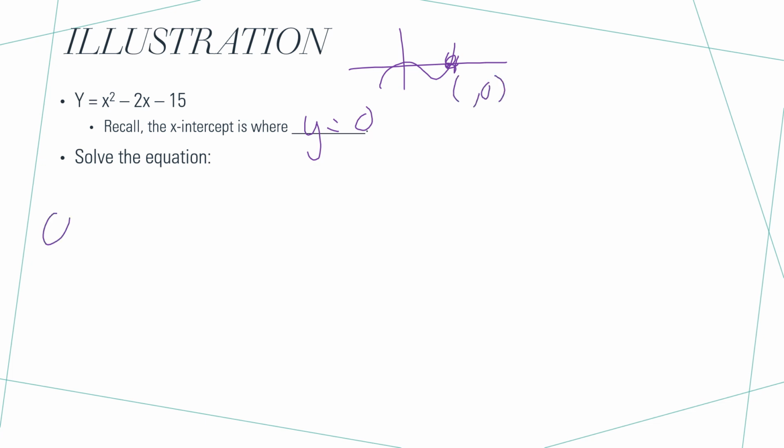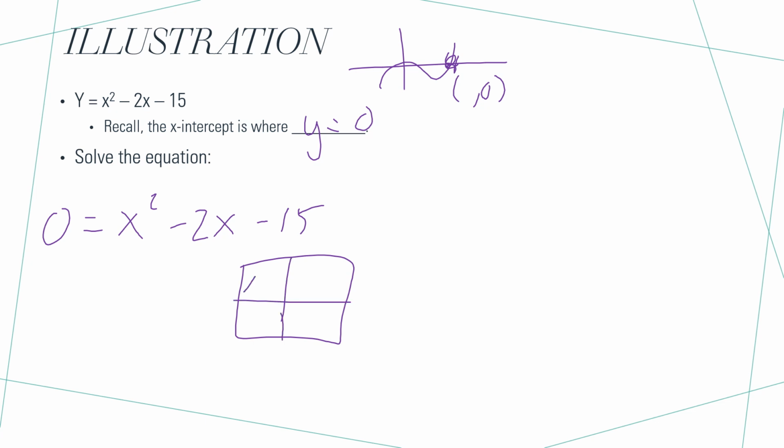So if we solve this equation, we have 0 is equal to x squared minus 2x minus 15. You might do a quick area model here to get that factored. We need 2 factors of 15 that add up to -2, and they would be -5 and +3.